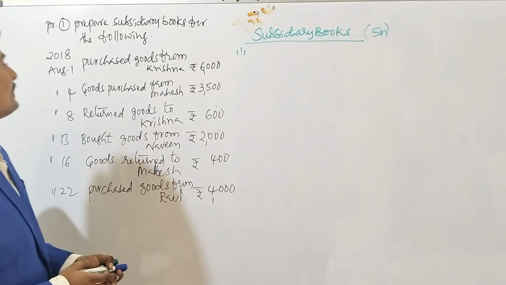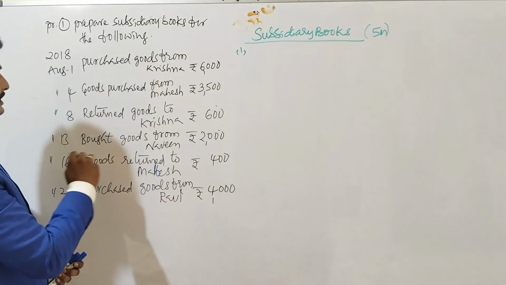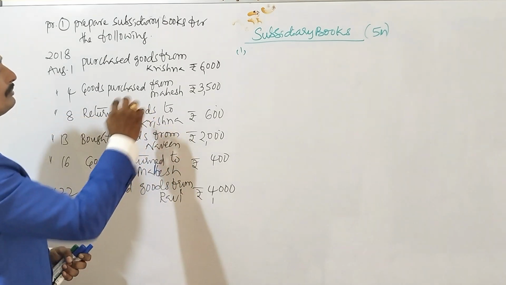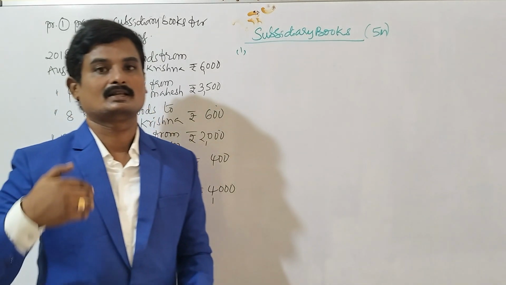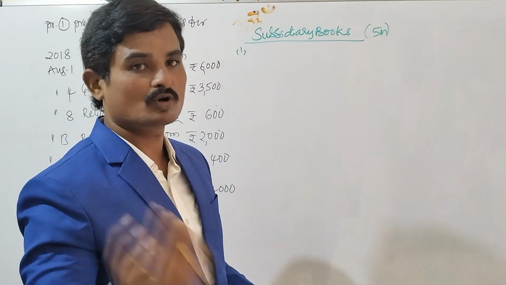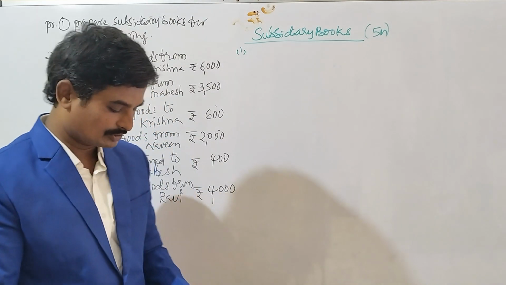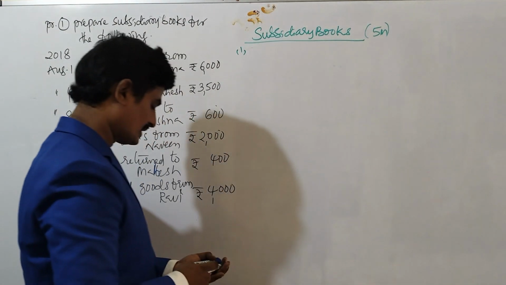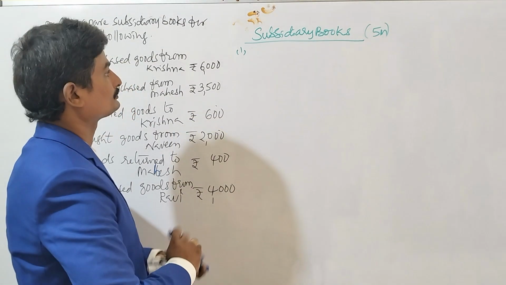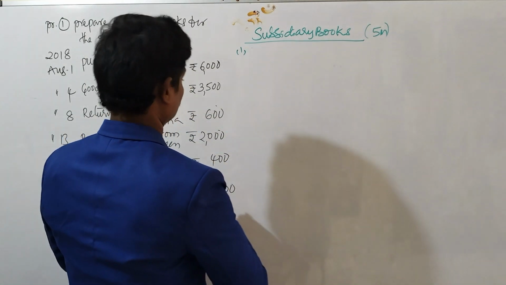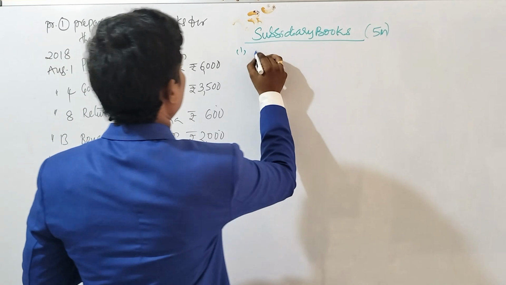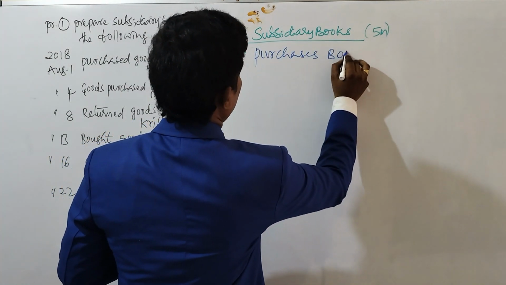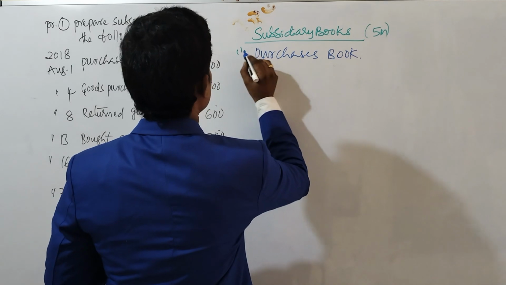Here we may find purchases, and we may find returns. Returns to Krishna, returns to Mahesh, which means there is a purchases book and a purchase returns book. First of all, I am preparing the purchases book.